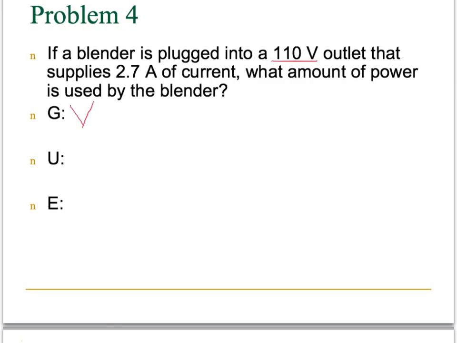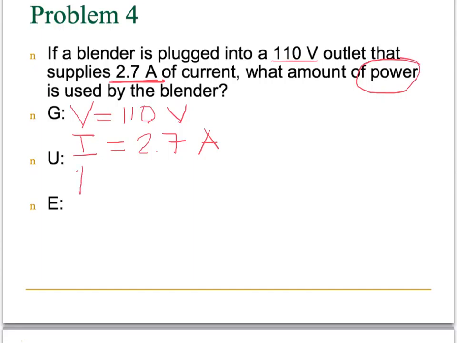So just write down V is equal to 110. And current is also given as 2.7 amperes, and we know that current is represented by I. So you have I equal to 2.7 amperes. What are we looking for? We are looking for power. So you write down P for the unknown.